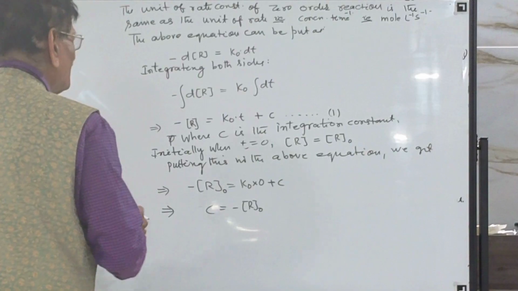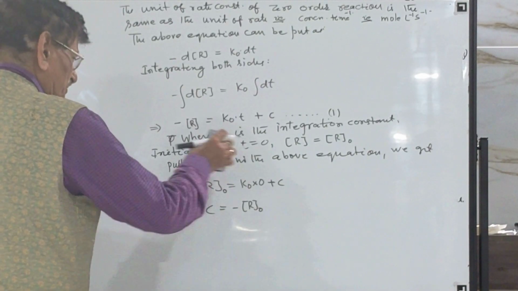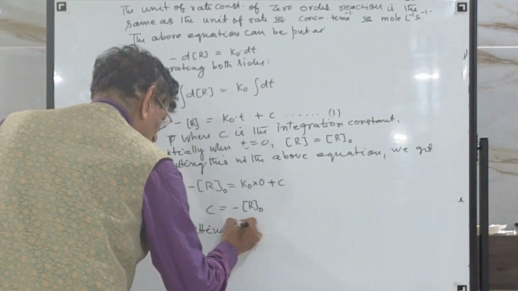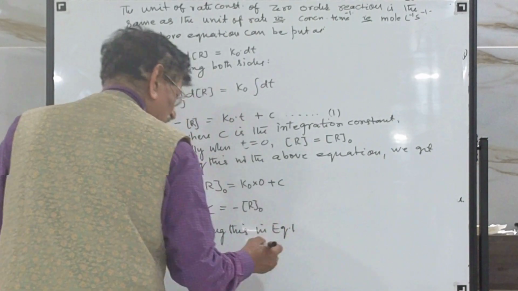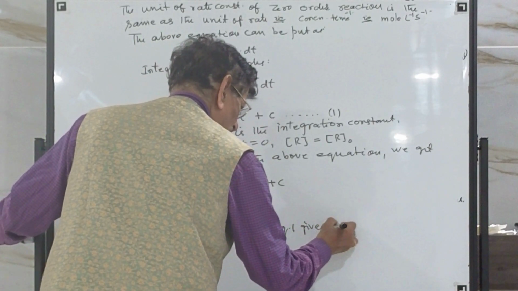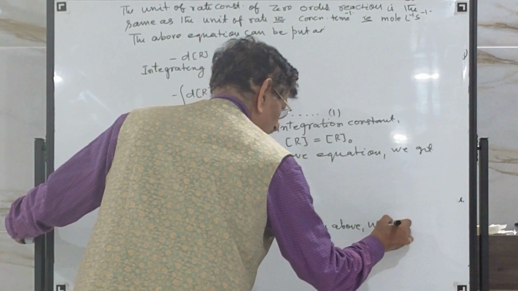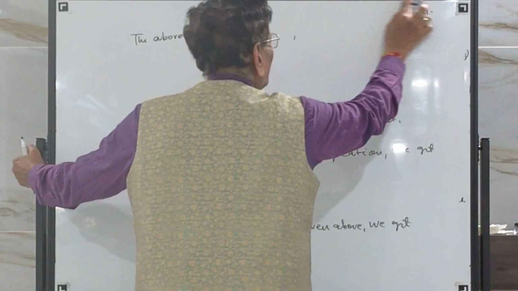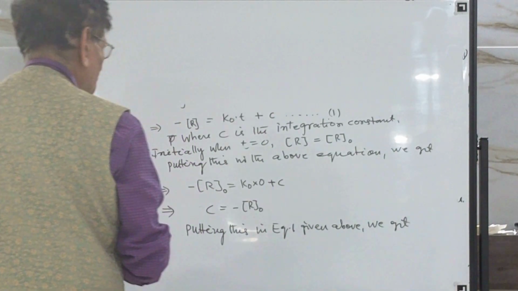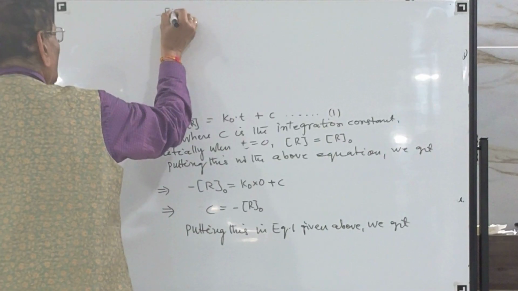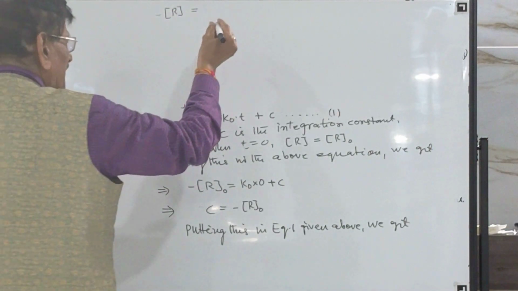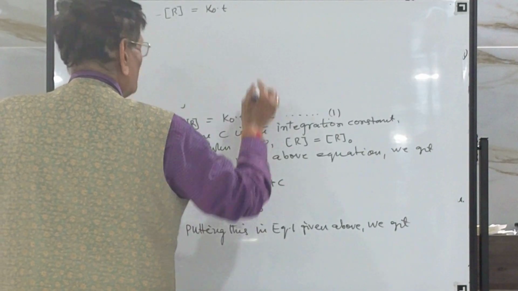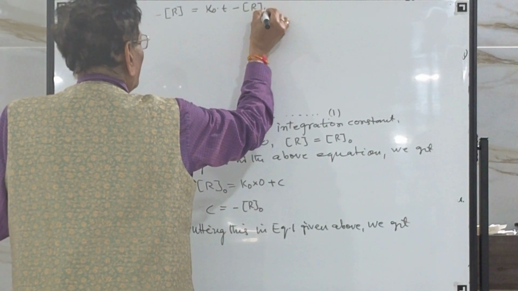Putting this in equation 1 given above, we get minus R is equal to K naught into T, and C is equal to minus R naught.